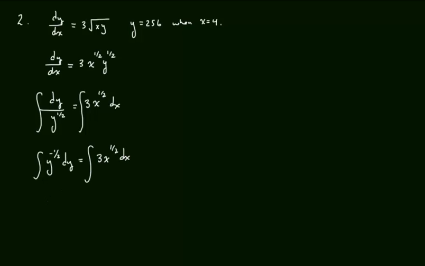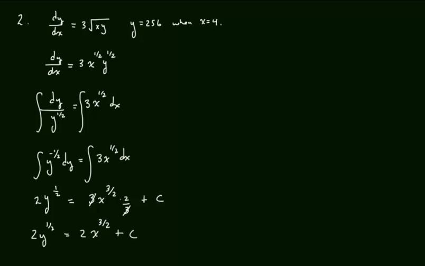So my integration now is going to be y to the power of 1/2 times 2 equals 3x to the 3/2 times 2/3, so these will cancel out, plus c. Let me just rewrite that. 2y to the 1/2 equals 2x to the 3/2 plus c.